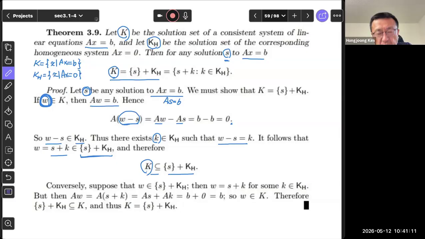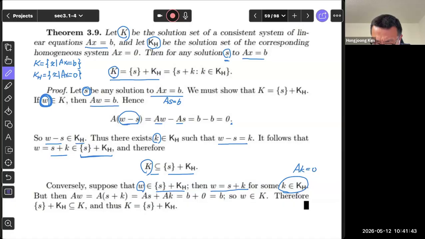Now let me choose any arbitrary vector from the right hand side. So now my W is selected arbitrarily from the right hand side. That means W can be written in this form, where K is a certain vector in K sub H. So K in K sub H means A times K will be 0.